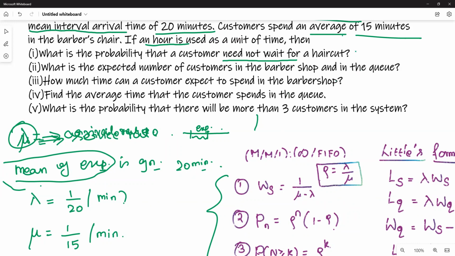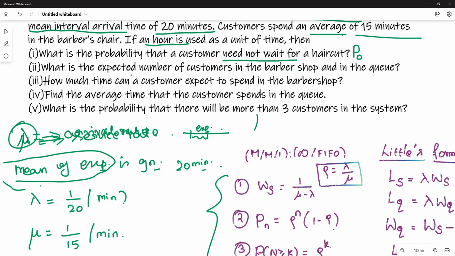When will this happen? Only when the system is idle. Probability that there is no customer in the system. So the customer need not wait means we have to find P naught, the probability that there is no customer in the system.